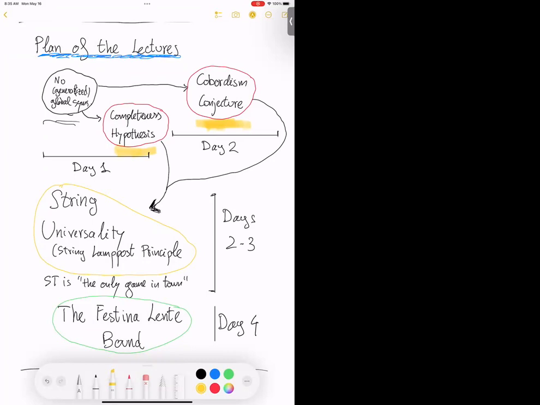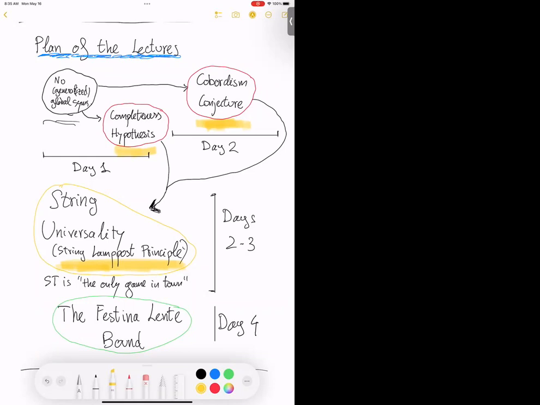And then I will use these two on the third day to describe a set of results that we've been working on over the past few years, which is the idea that once you combine this no global symmetry story and apply it in situations where you have a lot of supersymmetry in very high dimensions, Swampland principles become so strong that one is actually able to use them to fully classify all consistent string theories in quantum gravity, achieving what we call string universality.